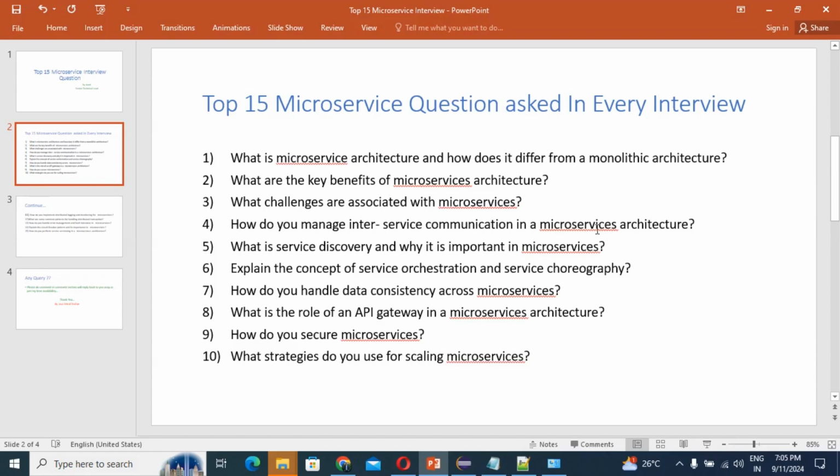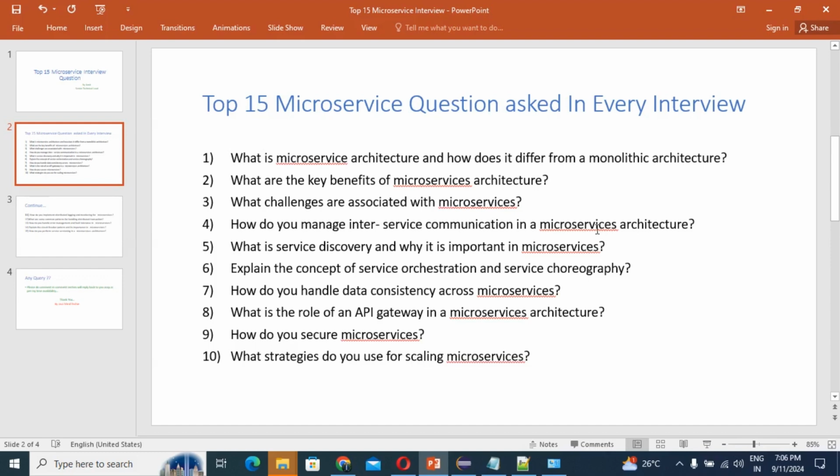Isolated means independently, whereas monolithic applications are tightly integrated and require a full redeployment for any changes.